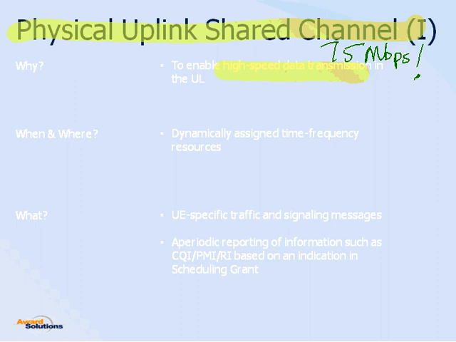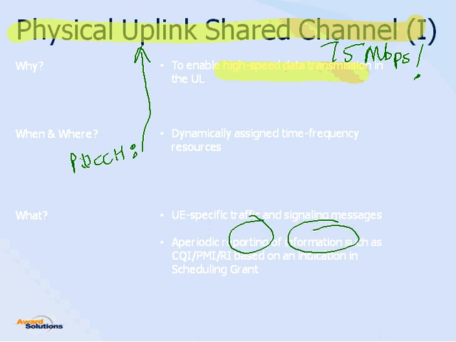And our downlink control channel will tell us on which resource block the UE is supposed to send the uplink shared channel. What can we send? We can send traffic, we can send signaling messages, we can send CQI. This can go over the uplink control channel. It can also go over the uplink shared channel. So it's not necessary that we have to use the uplink control channel. We can even use the uplink shared channel to send this kind of information.